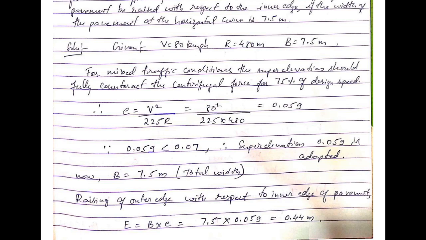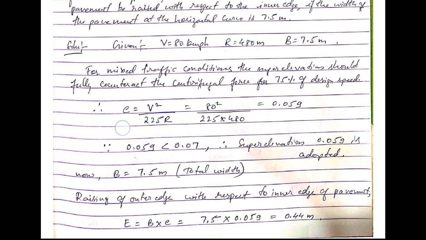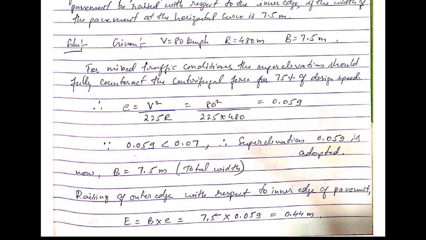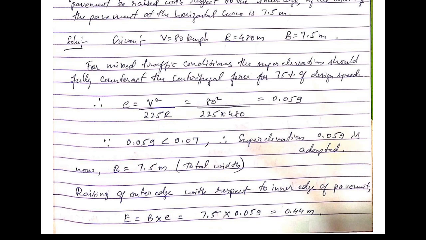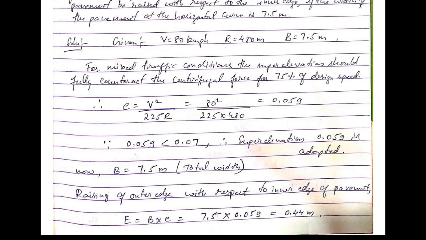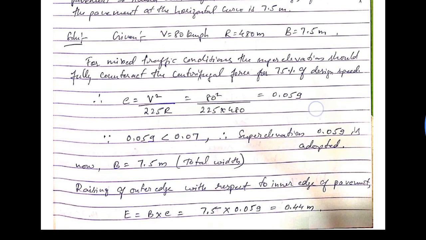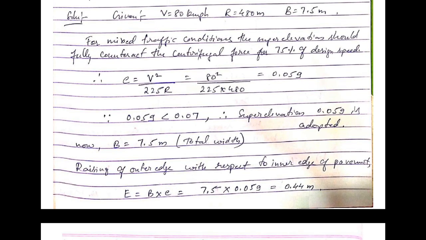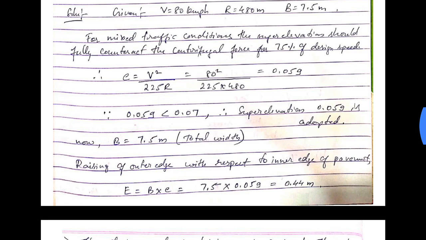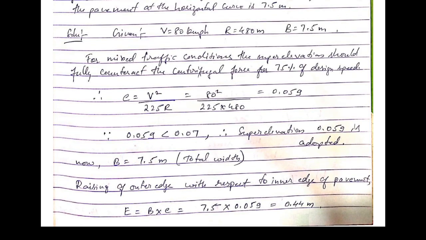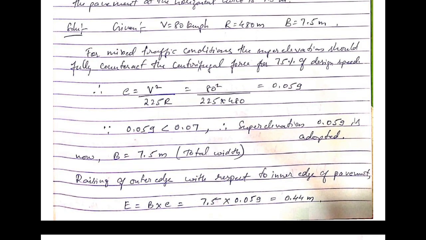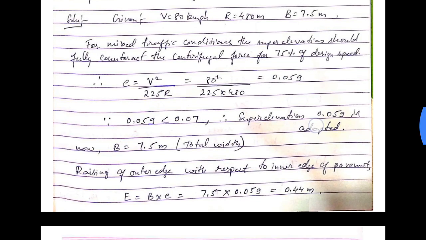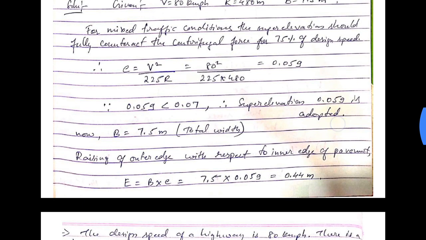So the formula is E equal to V square by 225 R. Substitute the value of V, that is 80 kmph, and R, that is 480. You get the value 0.059. Okay, now since this value is less than the maximum super elevation value, that is 0.07, we can adopt this value. So super elevation of 0.059 is adopted.